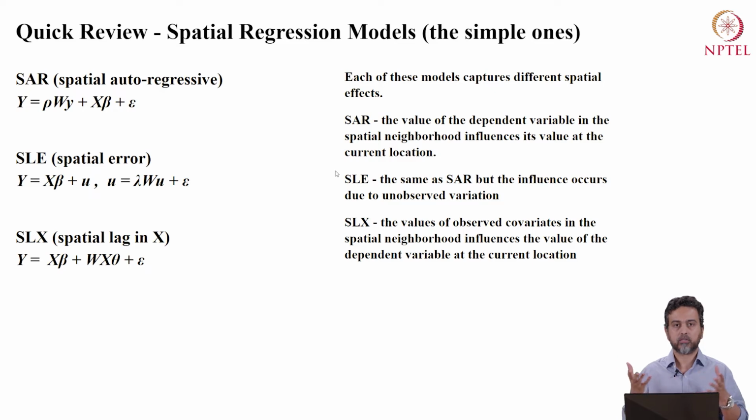If groundwater levels are lower all around me, then water will tend to flow away from me into those areas, or the other way around. If the groundwater levels are higher or the hydraulic head is higher around me, the water will tend to flow in. So because of this subsurface flow, groundwater levels are spatially autocorrelated.